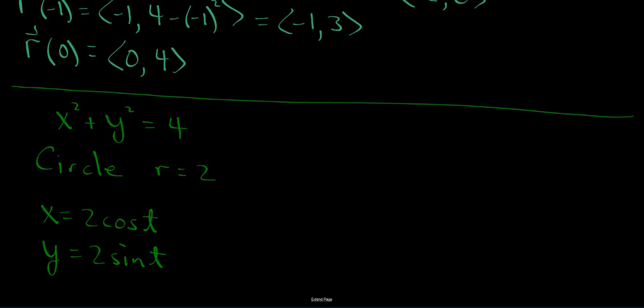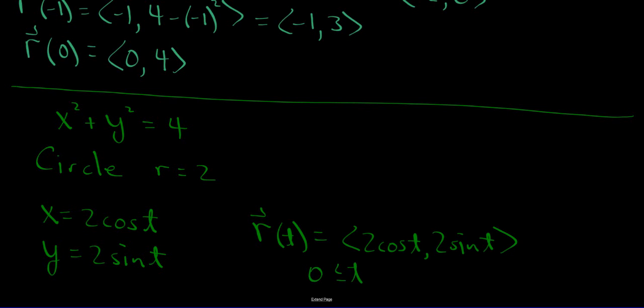Now, we don't have to do it that way. x equals 2 cosine t, y equals 2 sine t. That will give us what we want. And in fact, we could write a vector valued function this way. We could say r of t is equal to 2 cosine t, 2 sine t. And that would be our circle. And then we could say, well, t goes from 0 to 2 pi.